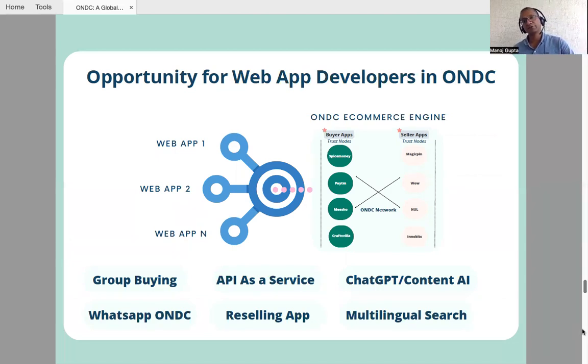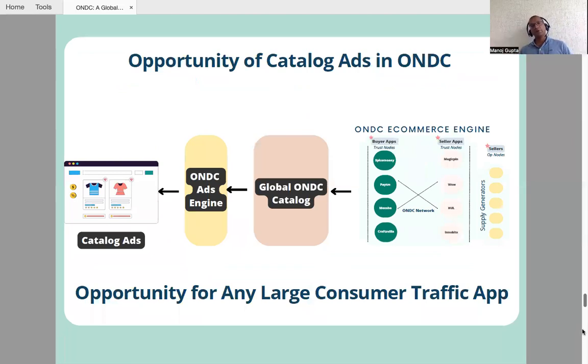If you want to bring WhatsApp ONDC, which means creating a WhatsApp storefront where someone can buy pizza or sari or kurti or grocery through WhatsApp, of course, with WhatsApp connected to the ONDC network through APIs. That's also reselling. All those interesting opportunities are there if you're a web app developer.